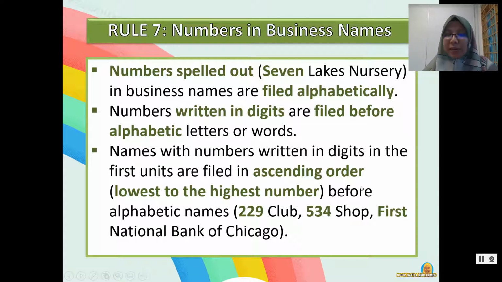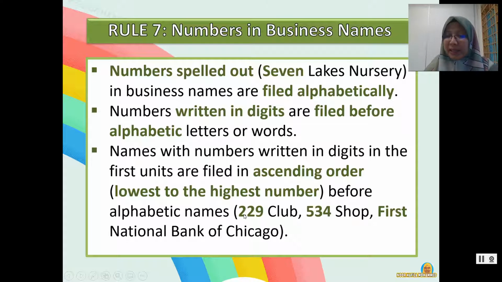For example here, we have 229 Club, 534 Shop, First National Bank. First, even though first is number 1, it is using the alphabetic F. When we have numbers, you can see here 229 is much smaller than 534.